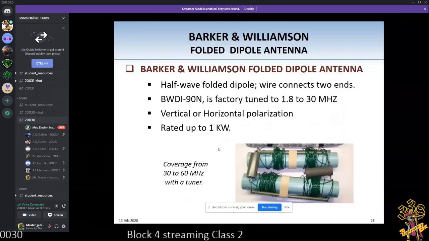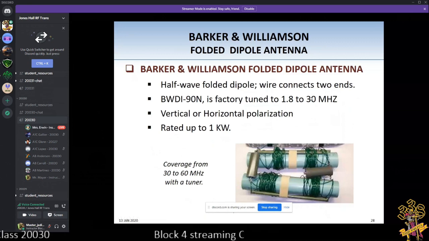Barker and Williamson folded dipole antenna. It's a half-wave folded dipole, which means the wires connect. The two ends are going to connect. When you want one of these, you just call the factory and tell them you want a B and W. You tell them the frequency band you want. We wanted ours from 1.8 to 30 megahertz, basically the HF band, and they were going to make it for you.